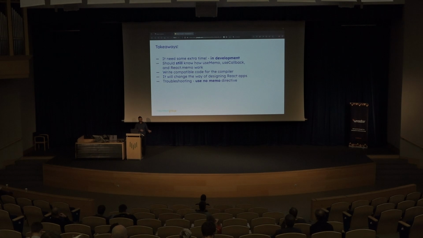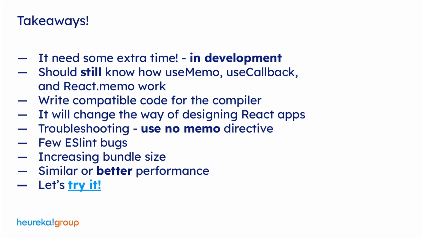If you have some issues, the troubleshooting is the use no memo directive, which I've shown you. And there are a few ESLint bugs I've shown you too. We know about the increased bundle size, about a few kilobytes, but it's still okay. And the performance is similar or even better in many cases. So let's try it. Let me know about your experience.